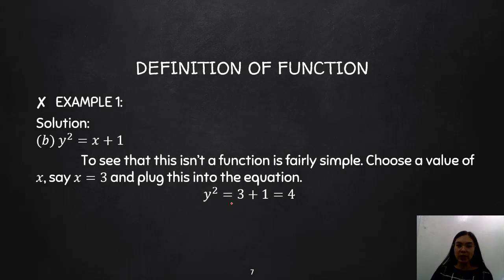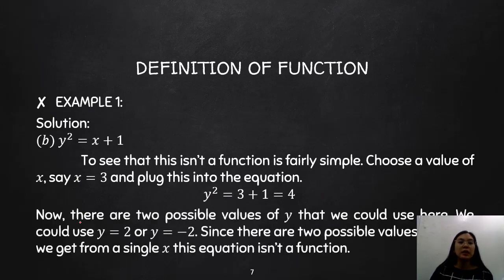So you have y squared is equal to 3 plus 1, or that's equal to 4. Now you can see that there are two possible values of y that we could use here. We could use y is equal to 2 or y is equal to negative 2. Since there are two possible values of y we get from a single x, then this means that this equation is not a function.